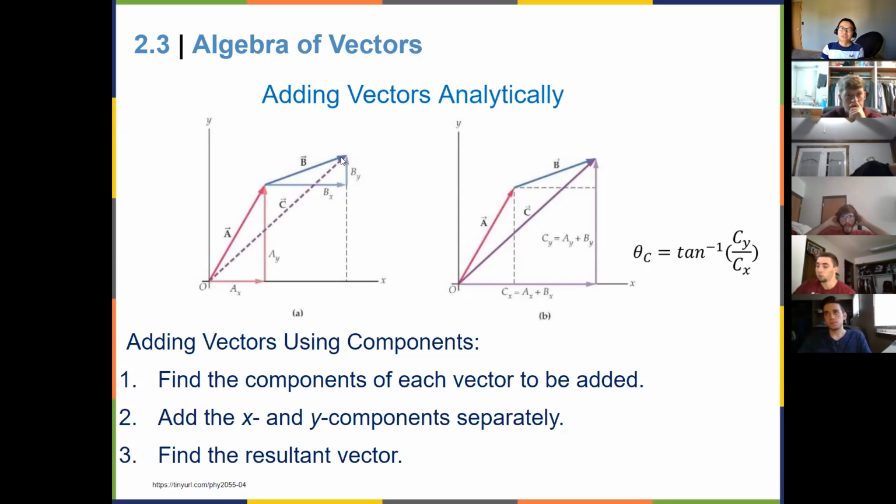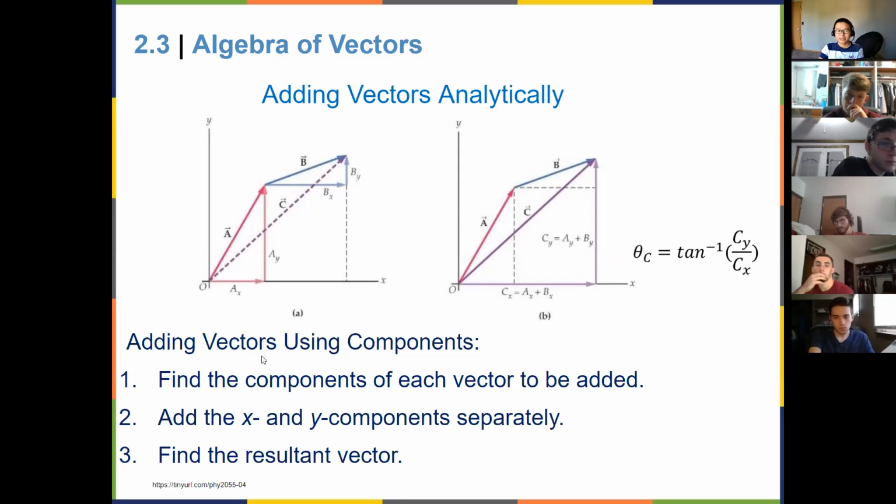Now, doing vector addition analytically means we are looking at the x and y components. You'll want to figure out the x component of this new resultant vector C and its y component. So if we are doing this analytically, we are using components.